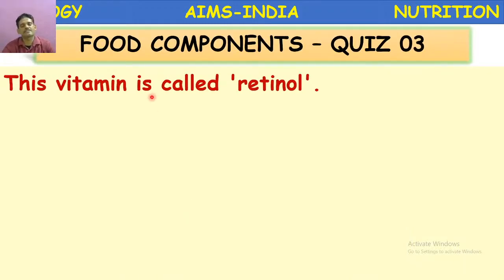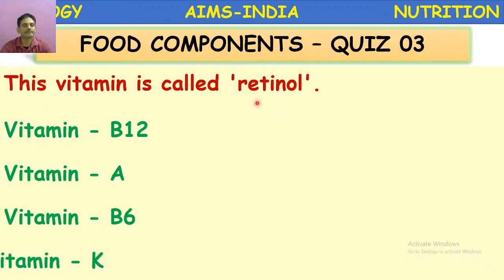This vitamin is called retinol. Which vitamin is called retinol, or what is the common name of the vitamin retinol? The chemical name is retinol here. You have to choose the common name.